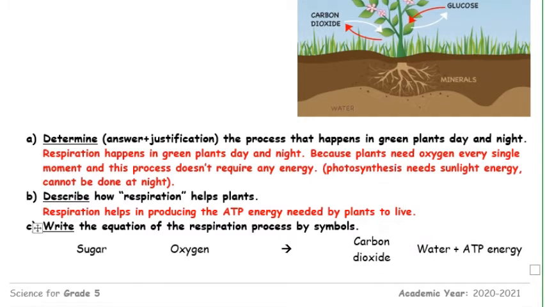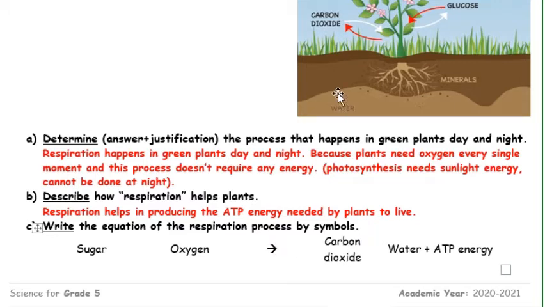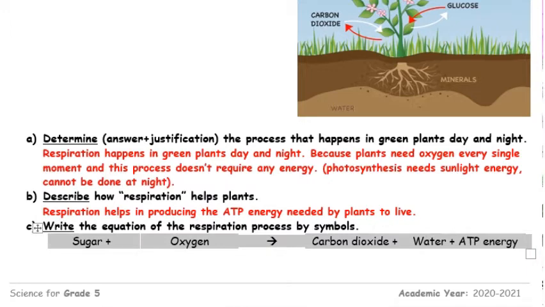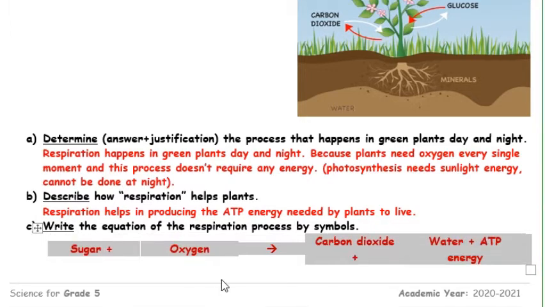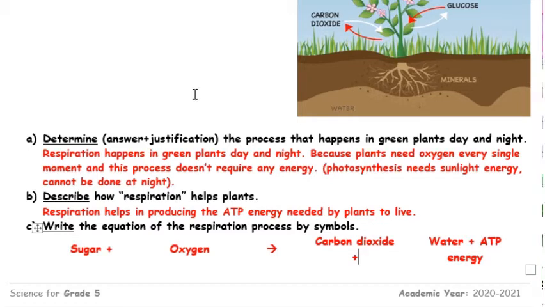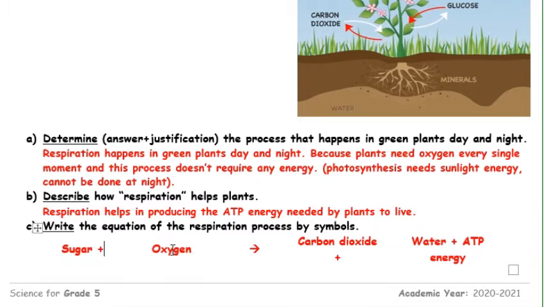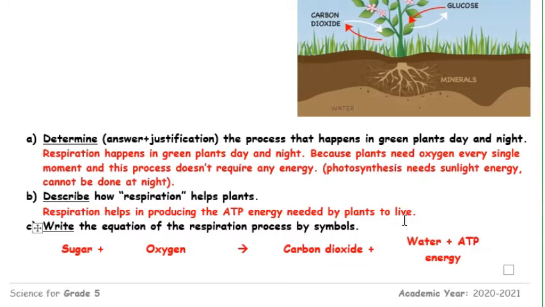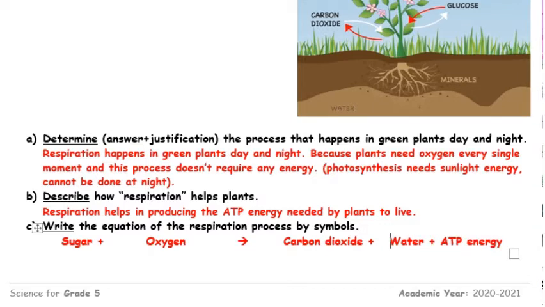Okay, let me arrange this. So, sugar plus oxygen, when plants combine sugar and oxygen together, they will get carbon dioxide, they will get water, and the energy needed by the plant, which is the ATP energy.